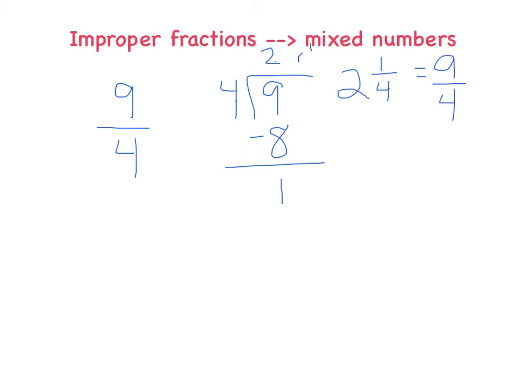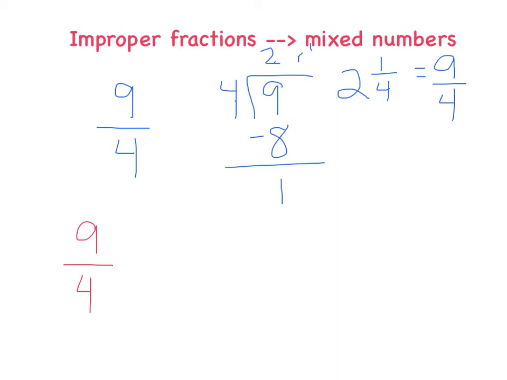If you are not as comfortable with division, you can do it another way. As you can see on your sheet, there's 9/4 written down twice. In the first box you should have the division way written down. The second one, we're going to solve with repeated subtraction, because we know that division is the same thing as repeated subtraction. So if I have 9/4, I'm going to subtract, but in order to subtract, our denominator has to be the same.